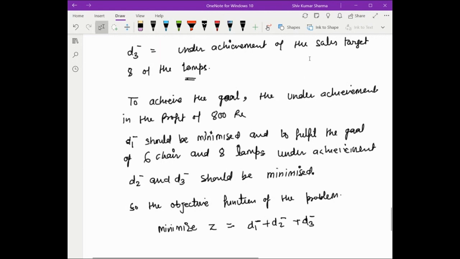Because D1 minus, D2 minus, D3 minus are underachievements. So that means we cannot achieve our targets. We cannot sell the 6 chairs and 8 lamps.